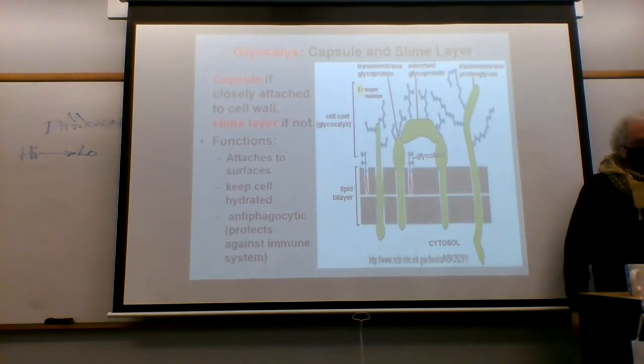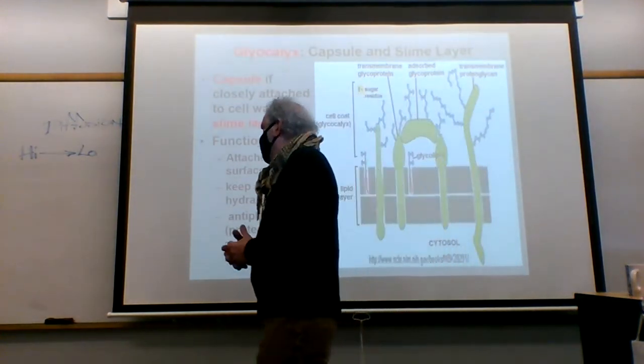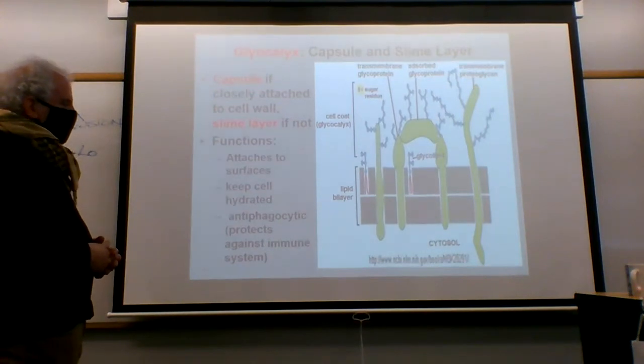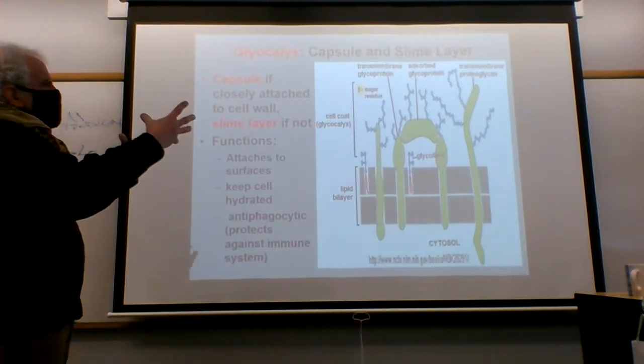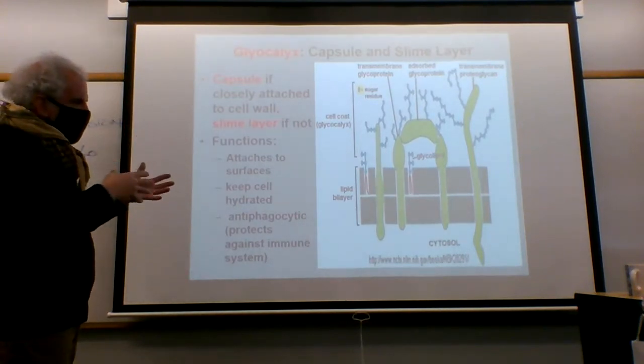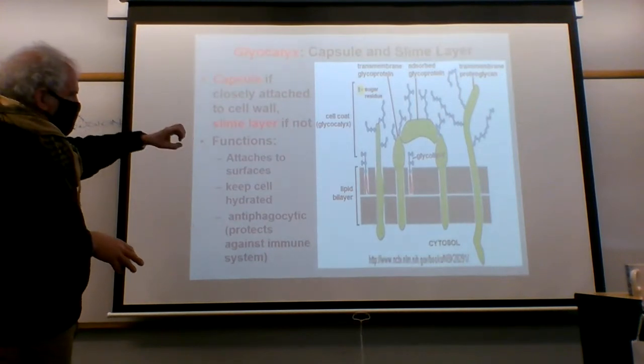So we have then these terms for some of the outer coating. Something called the glycocalyx, which is essentially an add-on that not all bacteria have, and it is referred to as a capsule if it's really closely attached.